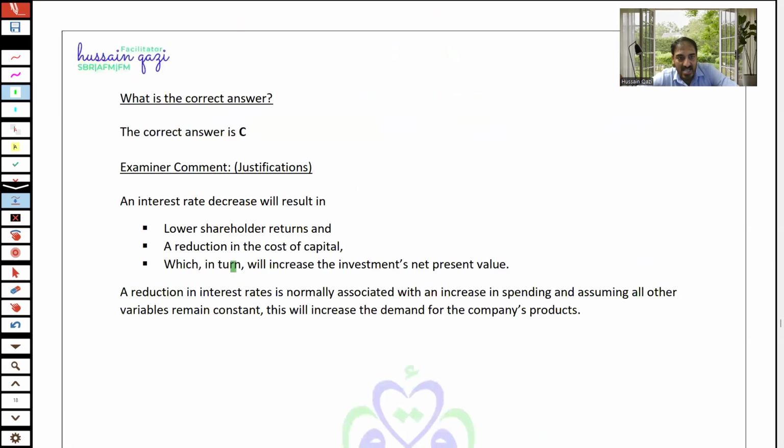Here is the justification mentioned by the examiner. Interest rate decrease will result in lower shareholder return. Reduction in cost of capital will in turn increase investment NPV. A reduction in interest rates is normally associated with an increase in spending, and assuming all variables constant, increases the demand for the company's product. All variables constant means assuming, for example, no political instability.